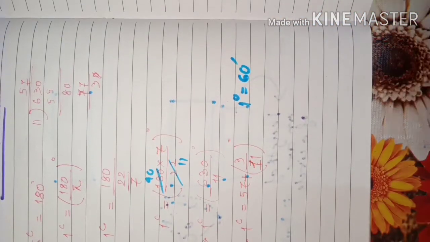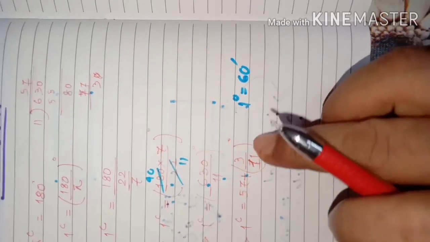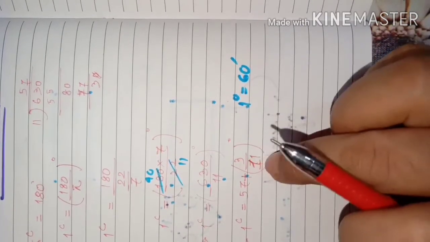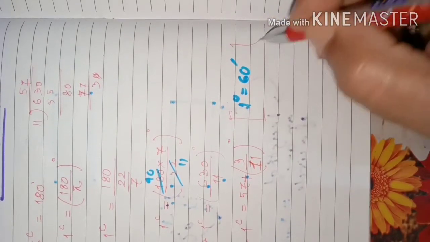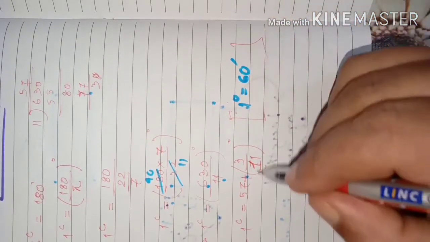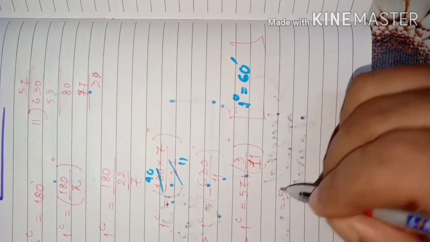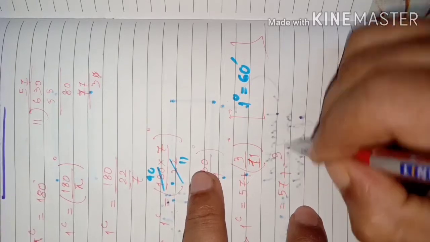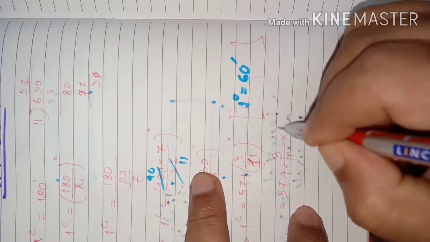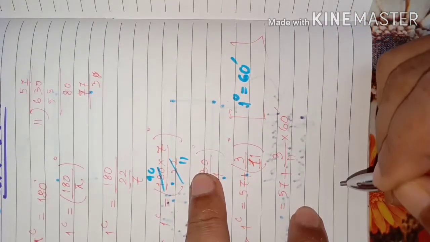So that means 3 by 11 degree will be equal to, in minutes, 3 by 11 into 60 minutes, because 1 degree is equal to 60 minutes. So right here 57 plus 3 by 11, we multiply by 60 minutes. It will become minutes now.